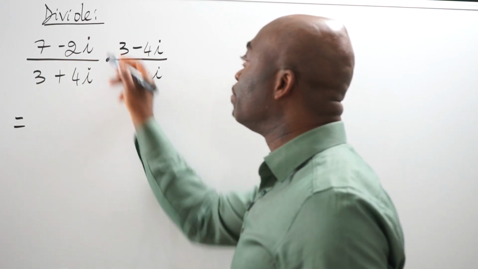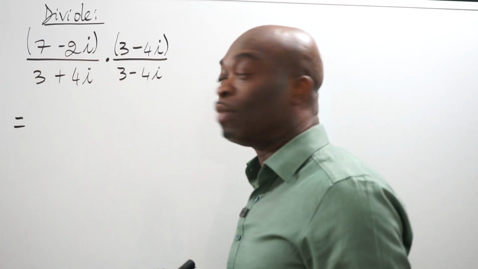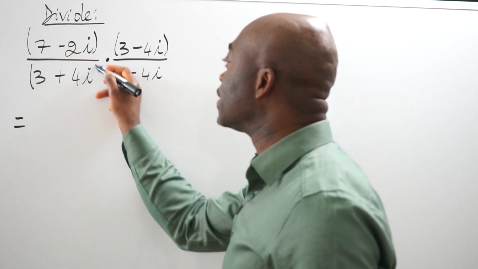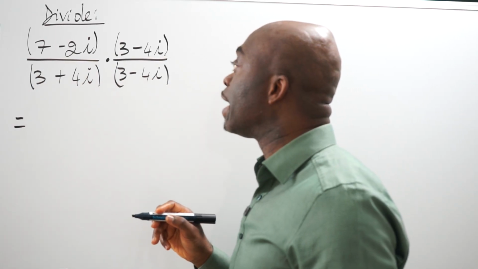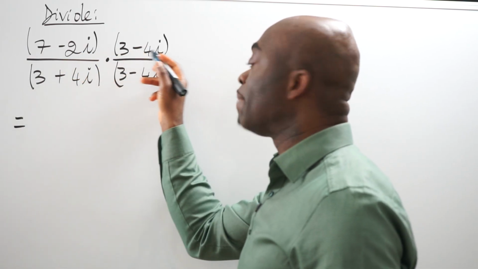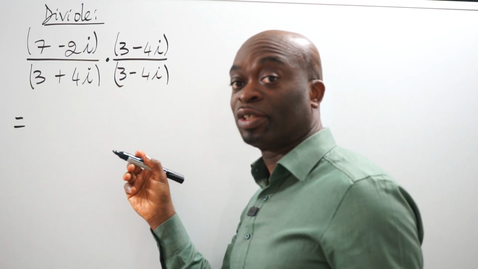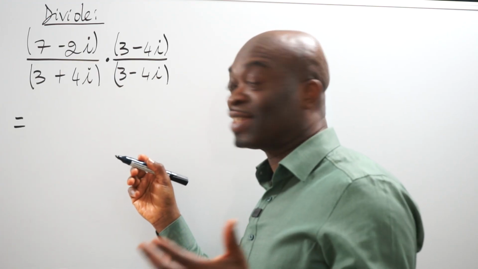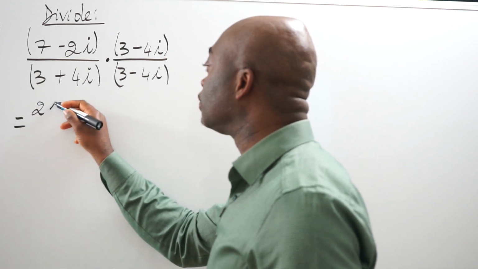So that means we're going to have to multiply this one by that one, and at the bottom, the same thing. Okay? So what does that mean? That means we're going to have to do 7 minus 2i times 3 minus 4i. So we're using the FOIL method: the first, the outer, the inner, the last. So it's 7 times 3, which is 21.